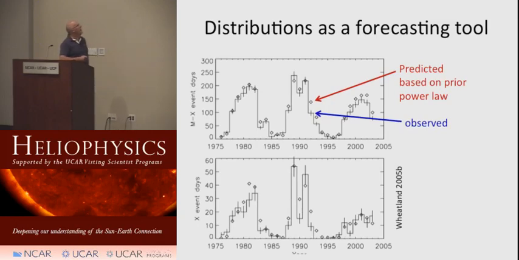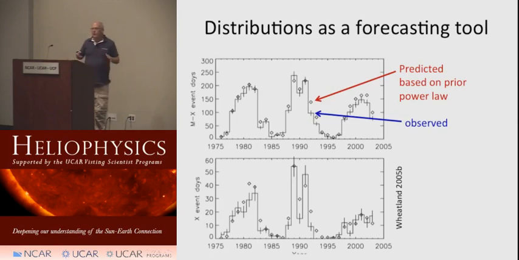The diamonds are the number of days on which he predicted an M flare was likely, and the solid line is the number of days on which M flares genuinely did occur. You can see he does a reasonable job.